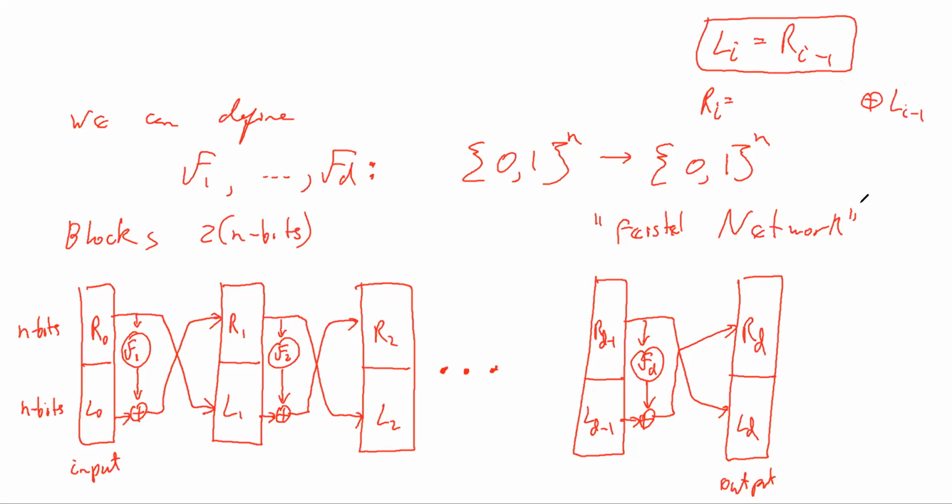And then the other thing is we know that it takes a function f, and that function f is going to be fi, and the parameter that it takes as input is going to be Ri minus 1. Okay, so that's if you're trying to think about the algorithm itself, this would be the approach to take.